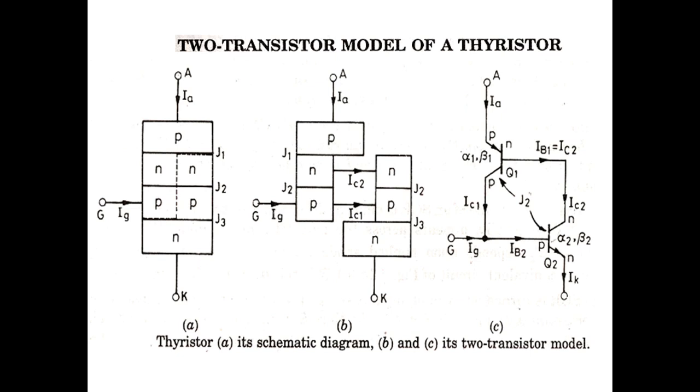IK is equal to IE2 and IA is equal to IE1. So these are some of the current expressions we can derive from this equivalent circuit of the SCR.